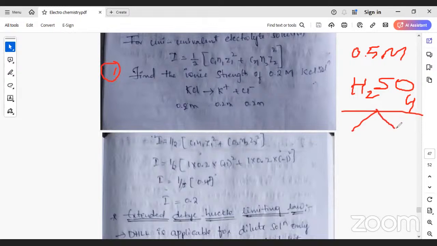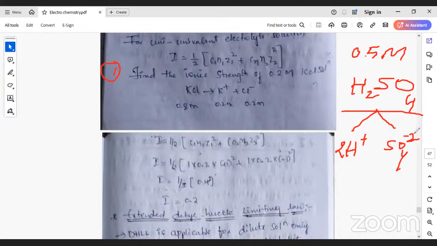Here I am giving some hint. This H2SO4 dissociates into 2 moles of H plus and 1 mole of SO4 minus 2. This is the dissociation.